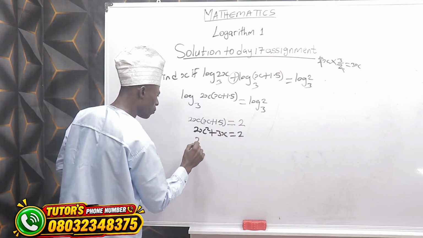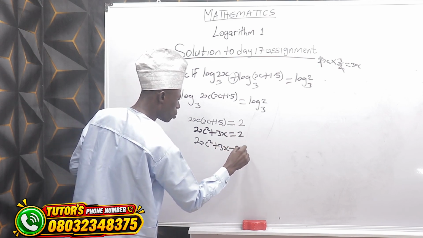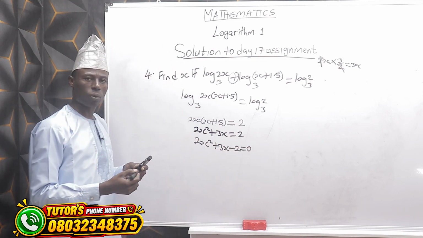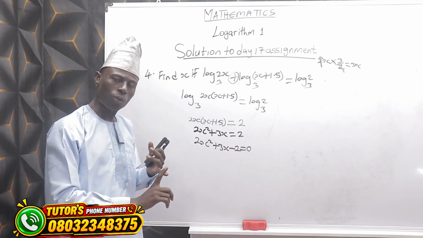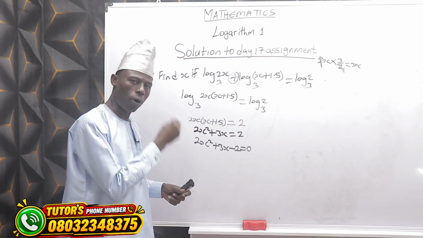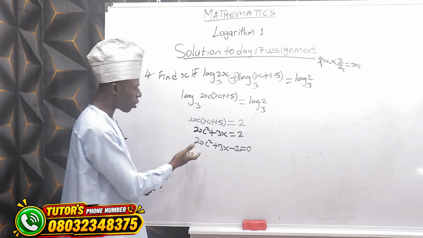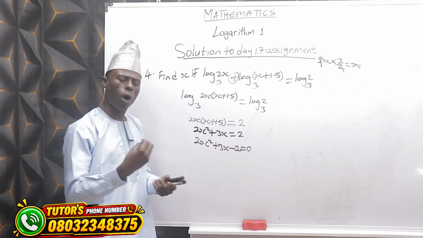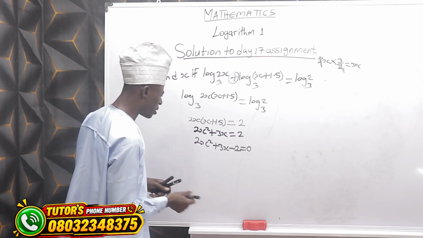Equals 2. So we have 2x squared plus 3x minus 2 equals 0. Quadratic equation. You can now see the reason for treating quadratic equation, linear equation, and the likes first when we started this class. Because they are like tools that you will often meet on your way in mathematics.